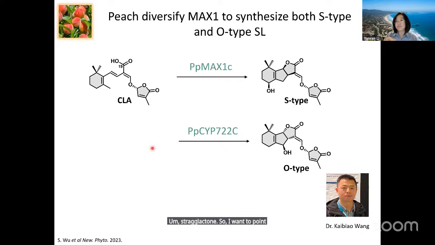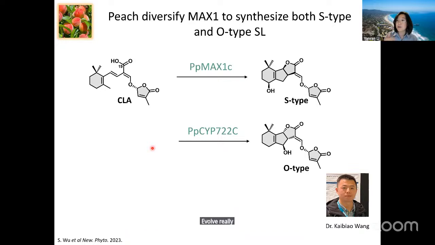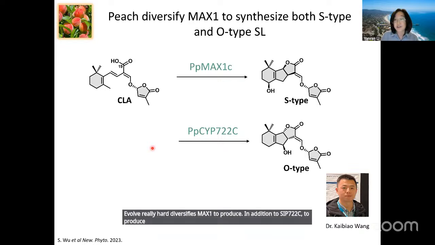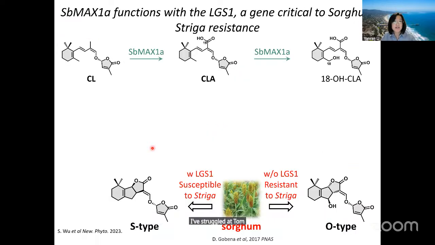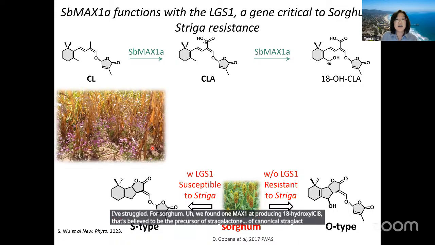We will come back to this slide later on, but I just want to point out this very interesting fact that peach evolved and diversified MAX1 to produce, in addition to CYP722C, both types of strigolactone. For sorghum, we found one MAX1 that produces 18-hydroxy-CLA, that's believed to be the precursor of canonical strigolactone, actually.